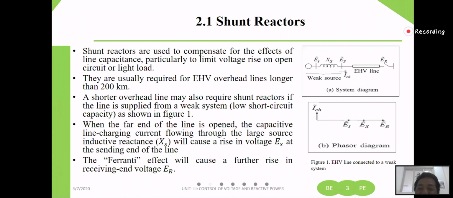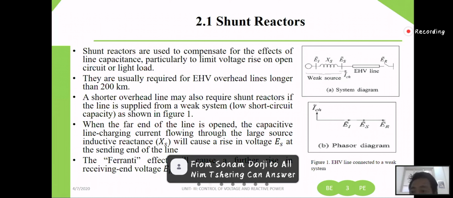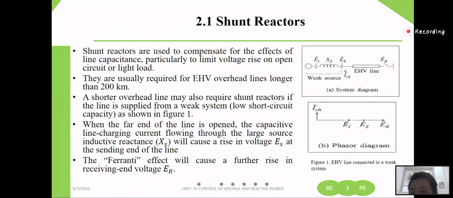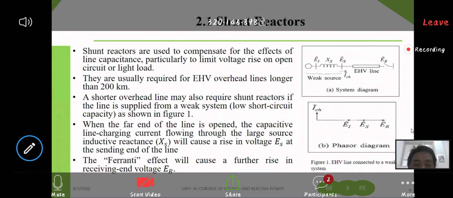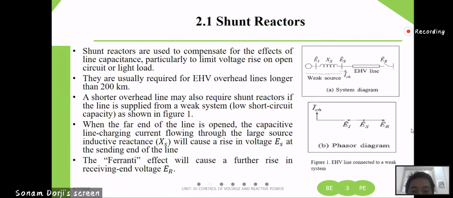Are you able to answer this? Can you answer this? If reactive power is zero, what will happen to the active power?